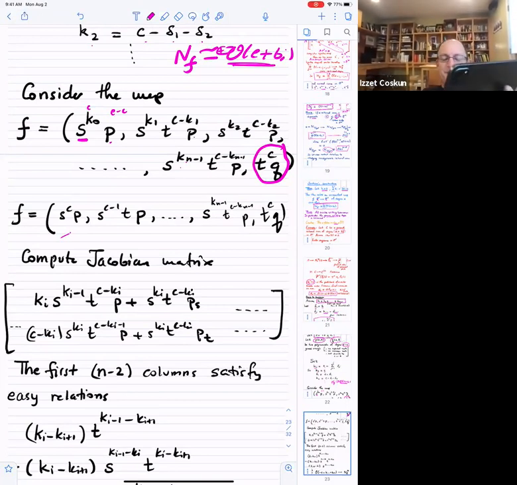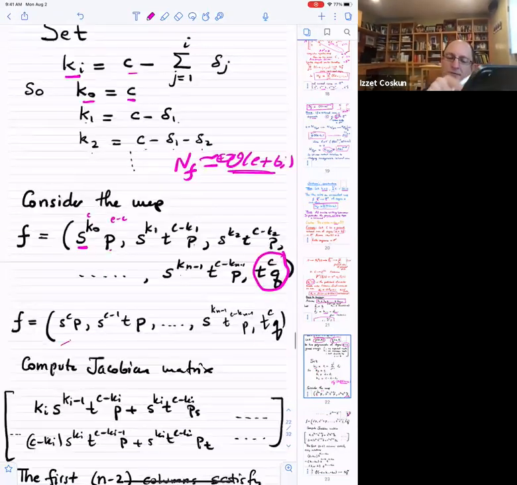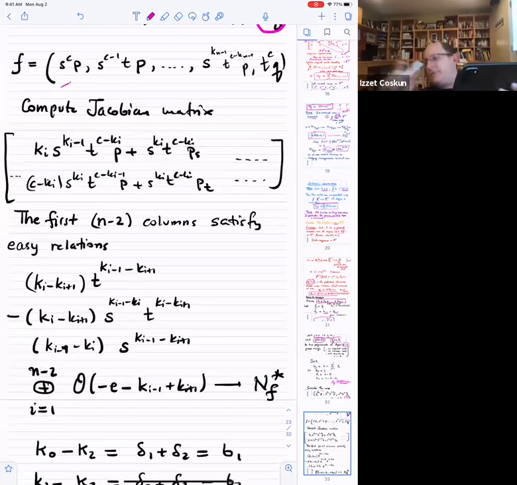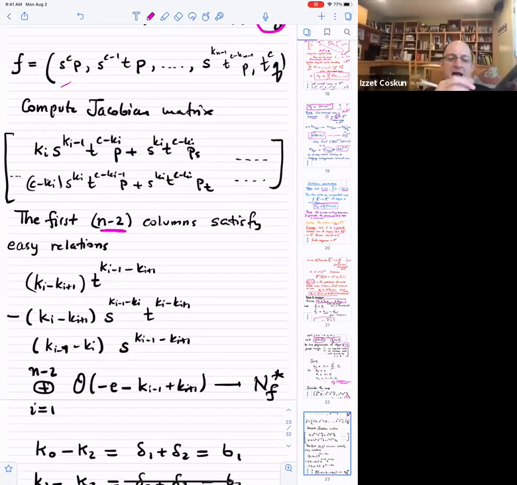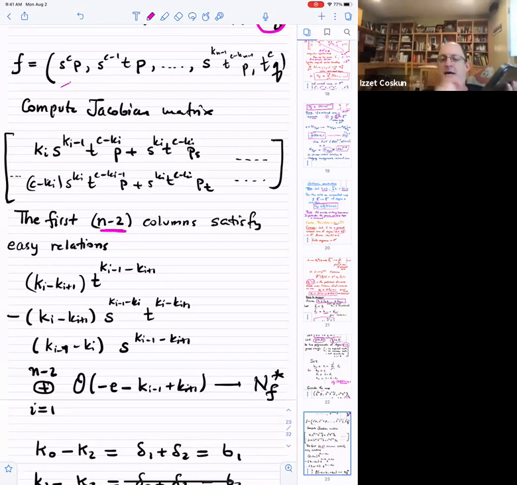You see, it's very similar to the previous calculation that we did, but before, every triple of columns satisfied a relation. Now here, only in the first n minus 2 columns, every consecutive triple of columns satisfies a relation. And again, what's the relation?